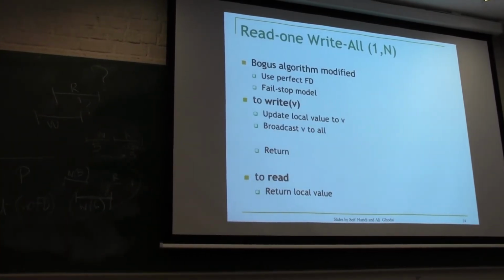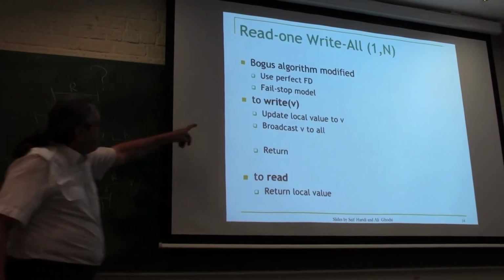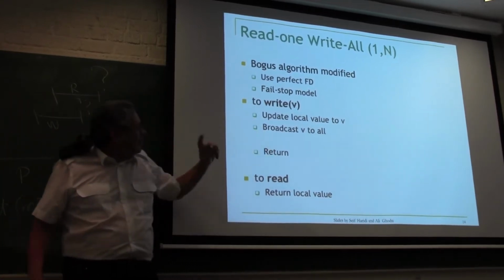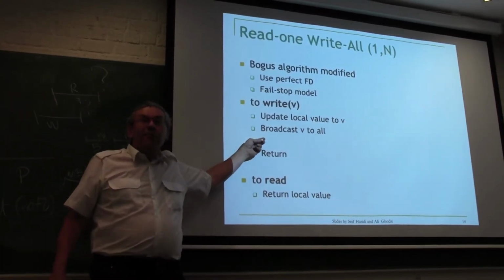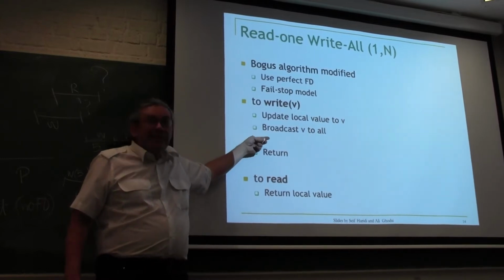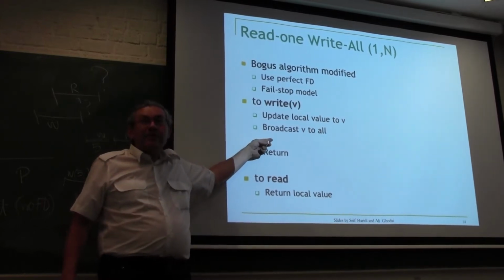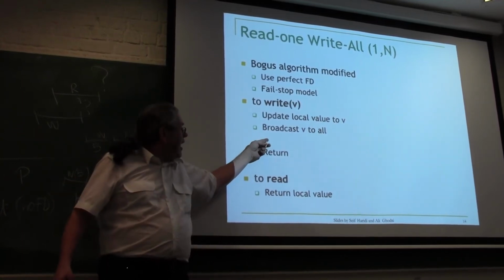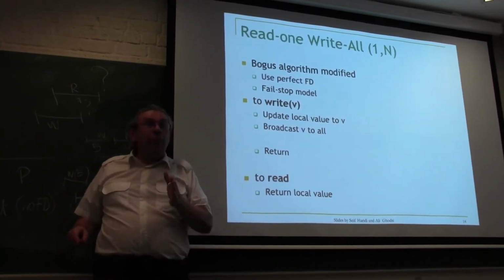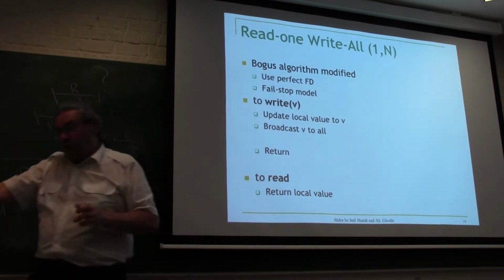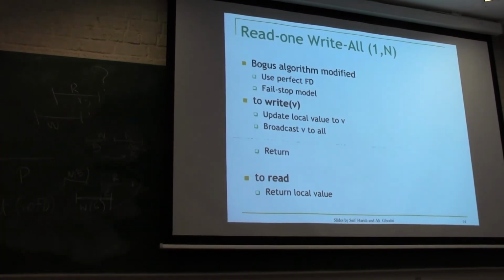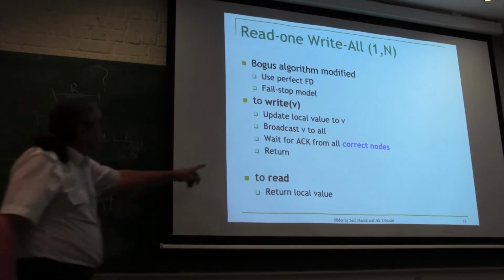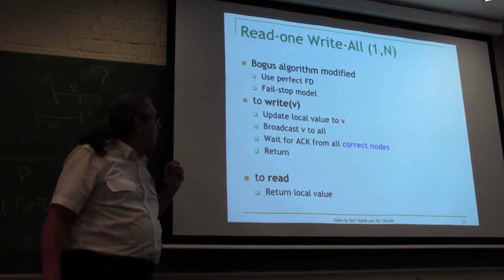So the write will do as before, but it has to do a little bit more. What does it have to do? Wait for acknowledgements. It can only stop when it knows that all of the correct nodes have received. It waits for acknowledgement from all correct nodes.